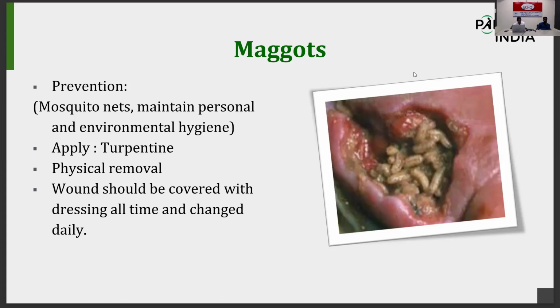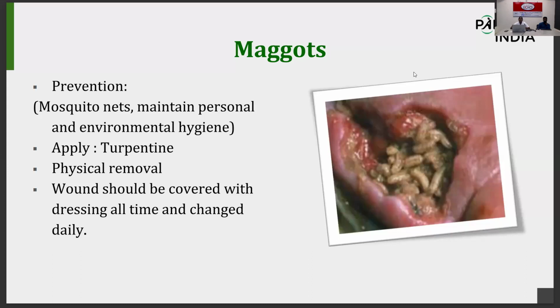The atmosphere deficient in oxygen forces the maggots to come out. And the main thing is, please do not follow the maggots. It may cause injury. When they come out, we can pick them up with artery forceps. One major thing is we are not applying turpentine directly to the skin. It will cause skin irritation.